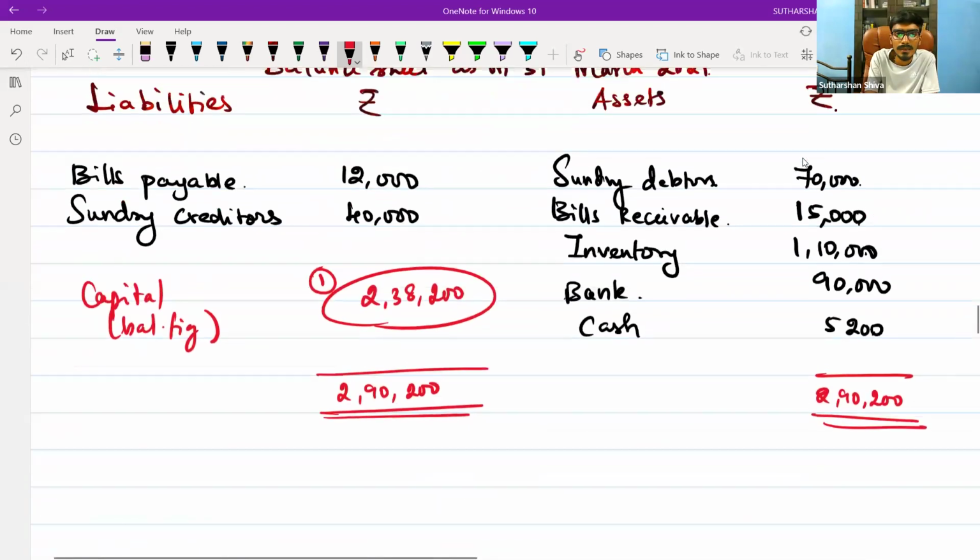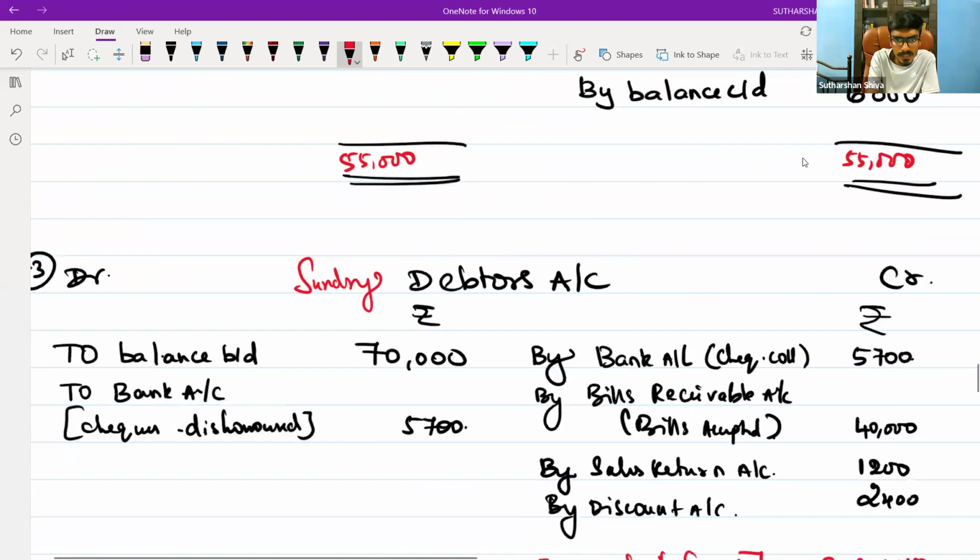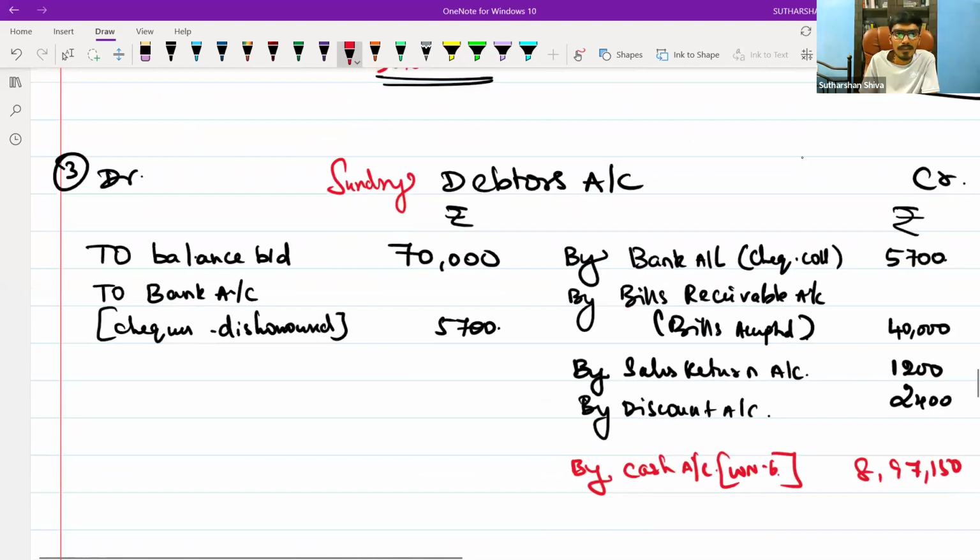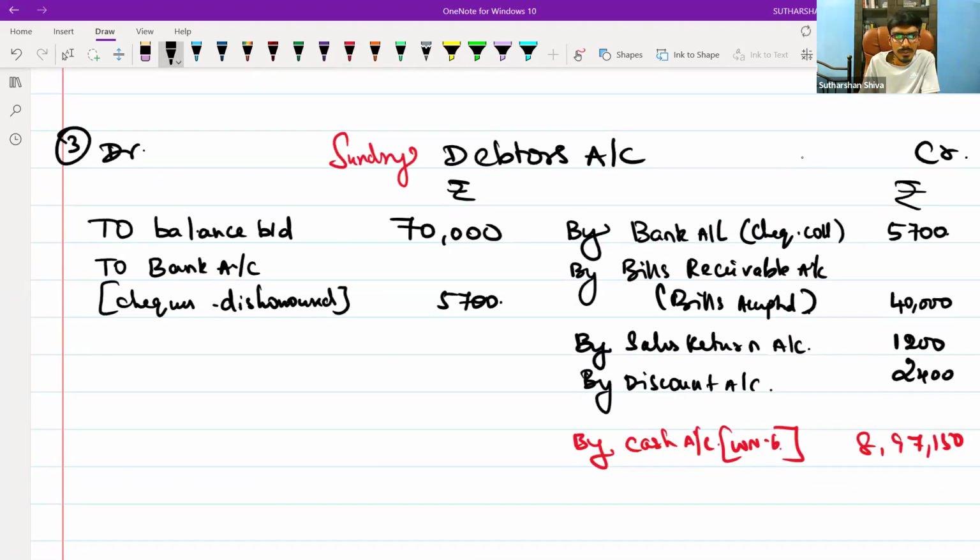So in my sundry debtors account, I will write down whatever I have circled, it is a balancing figure. Kindly note down. To bills receivable account. In brackets, I will write down bills dishonored.